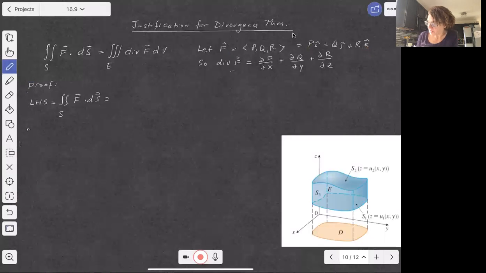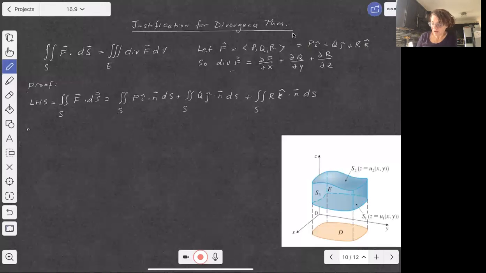So I'm going to write this as the integral over S of P i hat dotted with n dS, plus the double integral over S of Q j hat dotted with n dS, plus the double integral over S again of R k hat dotted with n dS. So that has three summands.